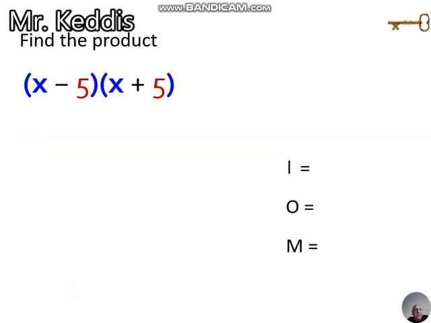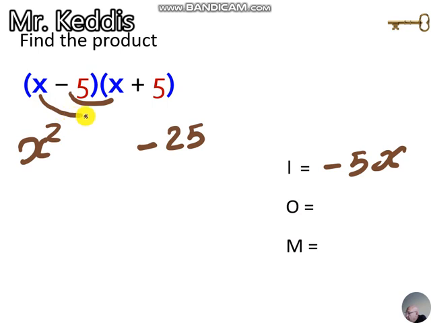To multiply the binomials, x minus 5 times x plus 5, x times x, I get x squared. Last times last, negative times positive, you get negative. 5 times 5, I get 25. This is the inner product. I get negative 5x.